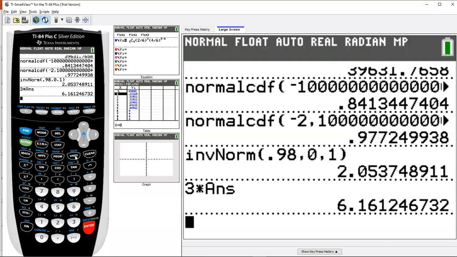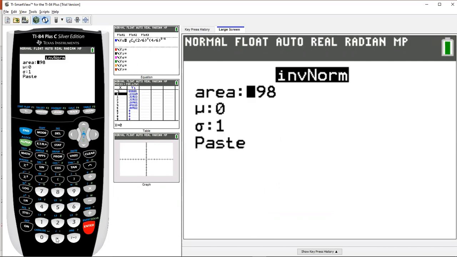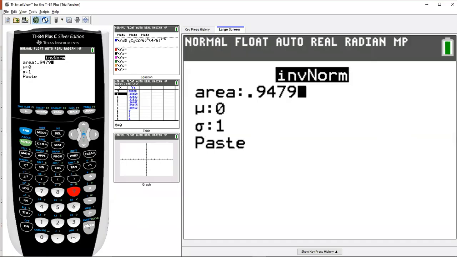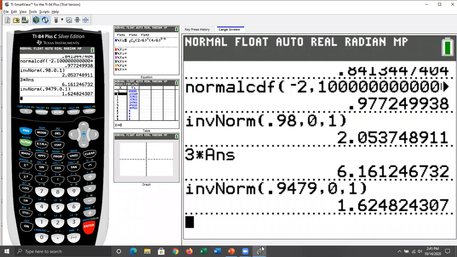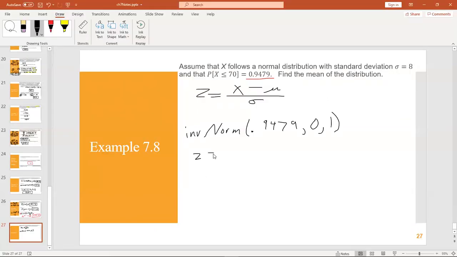So what we're going to do is do second vars, do an inverse normal, 0.9479, if I remember right. Yes, 0.9479. Use 0 for the mean, 1 for the standard deviation. That's going to give you 1.6248. That would be the z that goes with this.